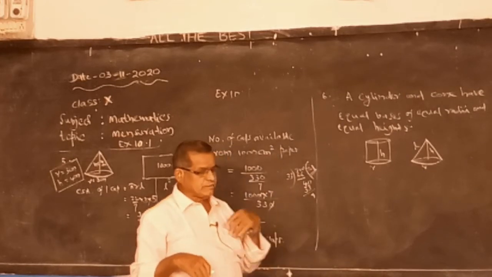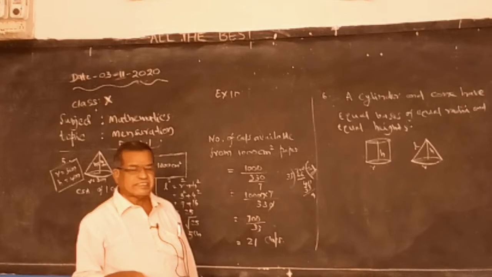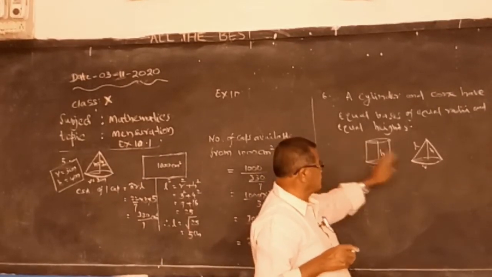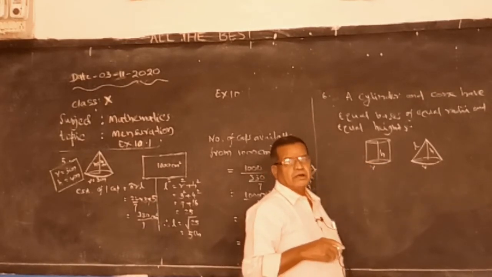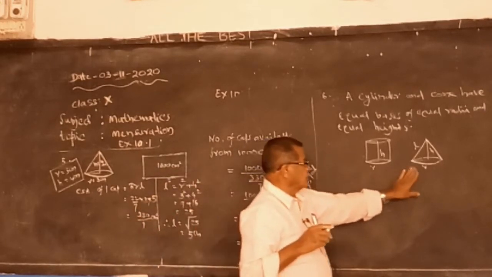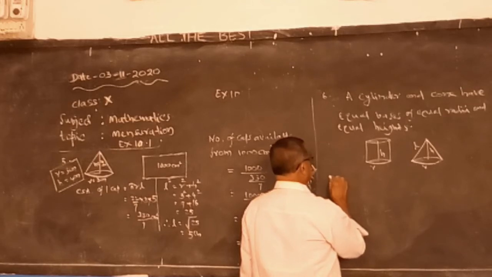Practically they measured it with results. Our ancient mathematicians proved that the volume of the cone is nothing but 1/3 of the volume of the cylinder.